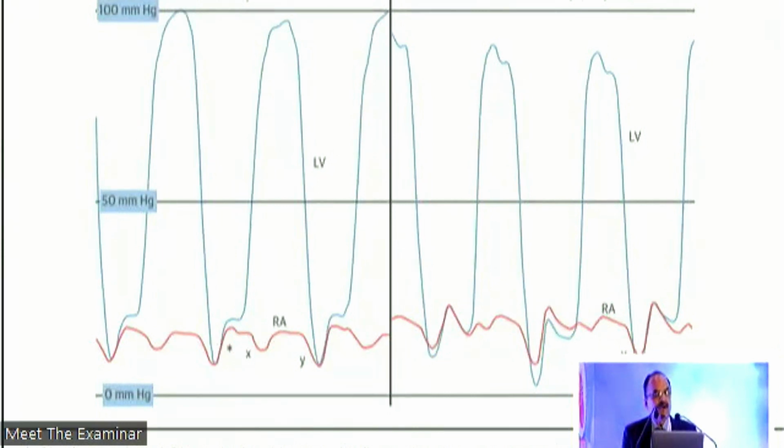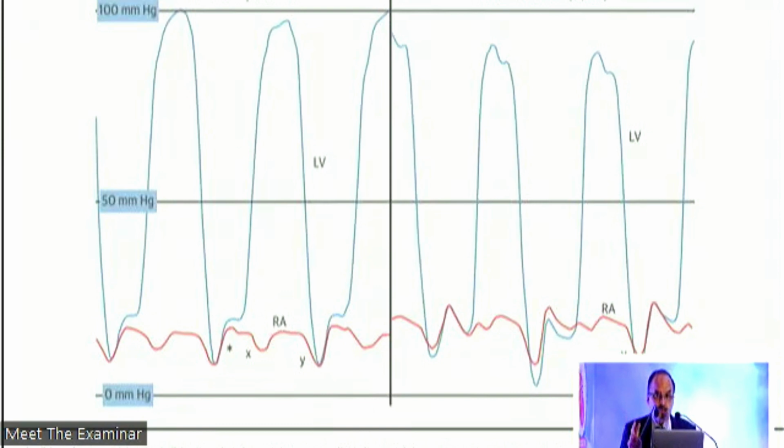You have a prominent X descent and you also have a prominent Y descent. And we also note that just after the Y descent, there is a plateauing, what is known as the square root sign. The square root sign, however, is not a distinguishing feature. It is also present in restrictive cardiomyopathy.